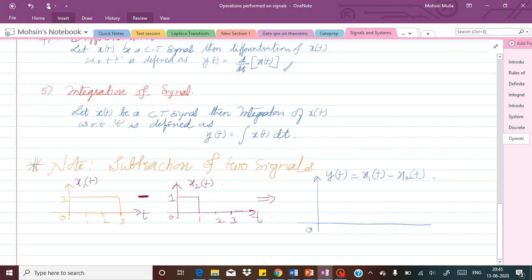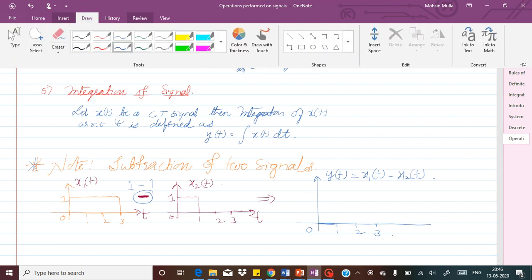So between 0 and 1, the magnitude of the first signal is constant 1, and the magnitude of the second signal is also constant 1. So 1 minus 1 is going to be 0 between the 0 to 1 instant.